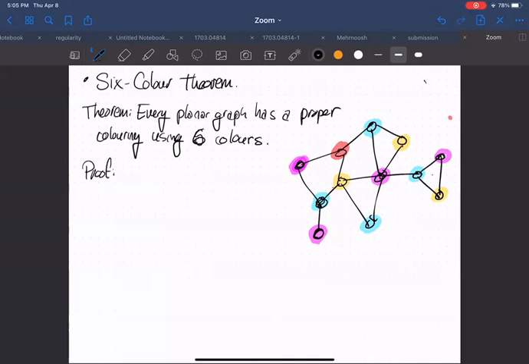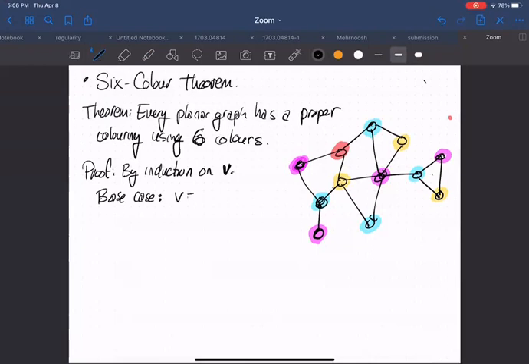All right. So how do you prove this? Well, the proof is by induction on the number of vertices. And if you're going to do an inductive proof, you need a base case. Let's see, what's an easy base case?